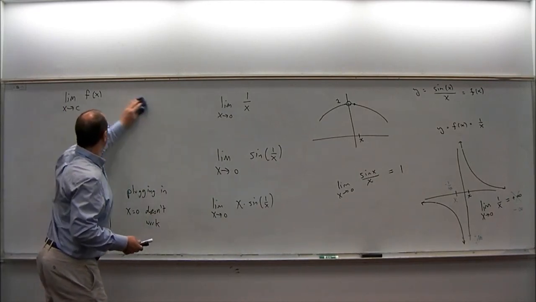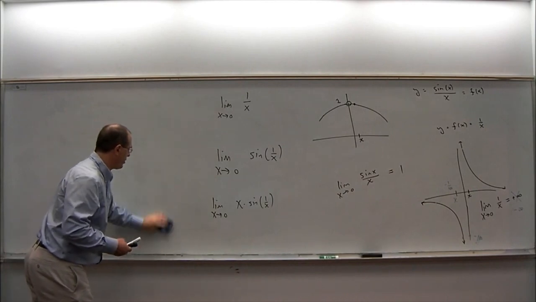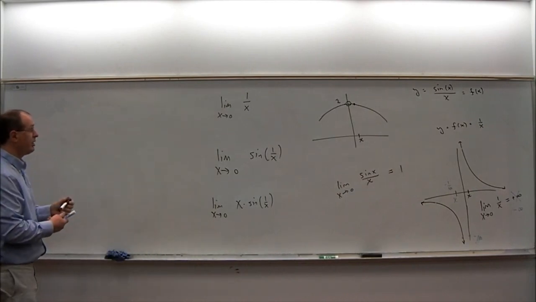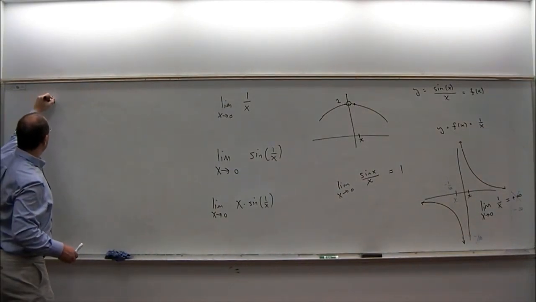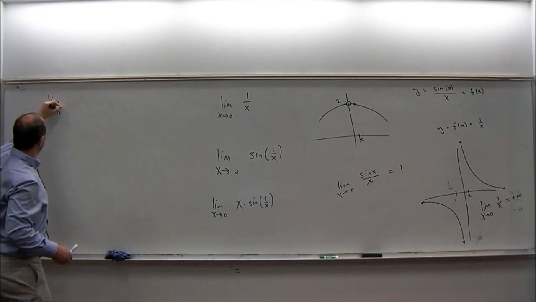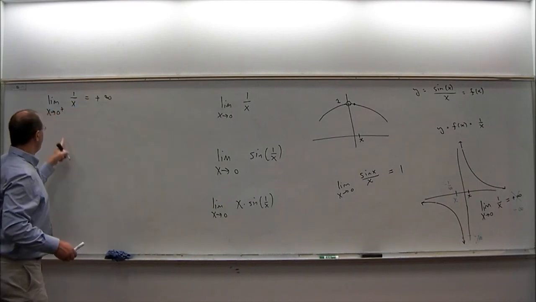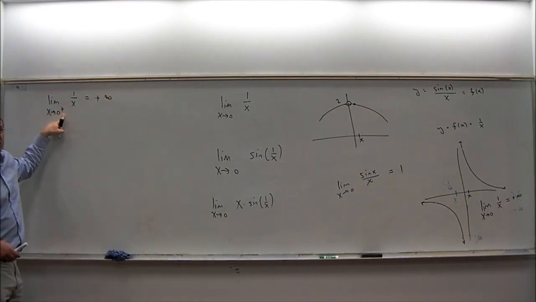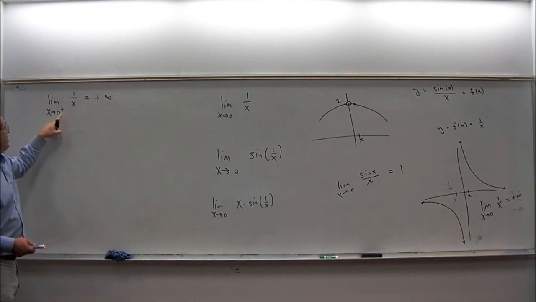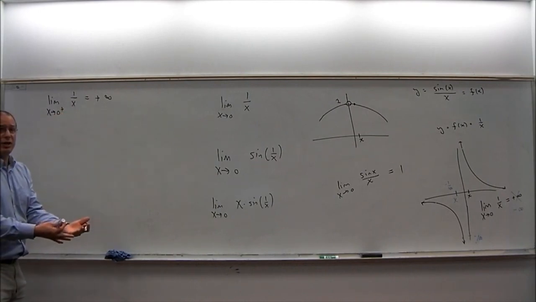And we have a notation to help distinguish these two situations. We could say the limit as x approaches 0 from the right of 1 over x is plus infinity. We add this little superscript plus sign to insist that x be on the right side of 0.